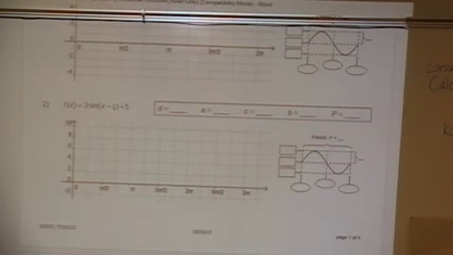You just go last. 2 pi over b. How do you figure that out? No, these are one. Is pi 2 pi over b? So it's 2 times the period, and period is 2 pi over b.